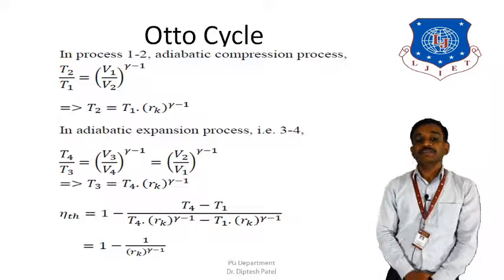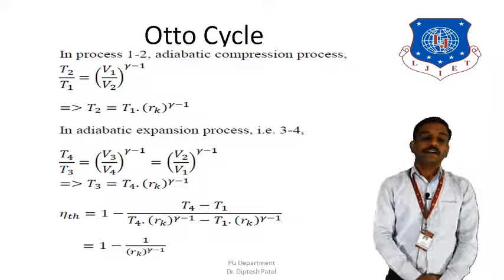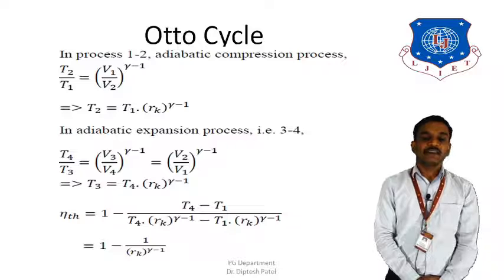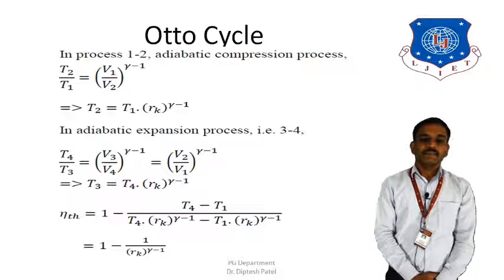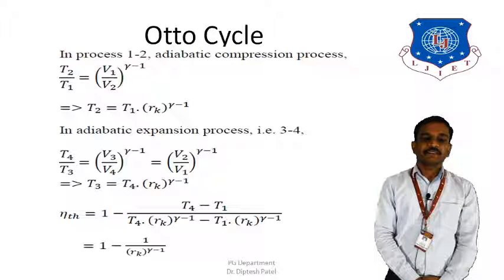Now let's put these values in the equation of thermal efficiency, and thermal efficiency can be written as 1 minus (T4 minus T1) divided by (T4 Rk raised to gamma minus 1 minus T1 Rk raised to gamma minus 1), and that would be 1 minus 1 upon Rk raised to gamma minus 1.